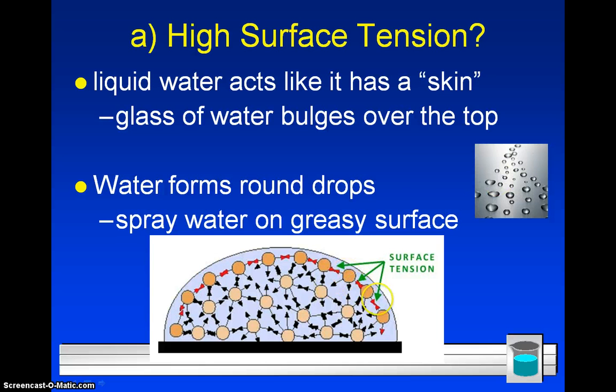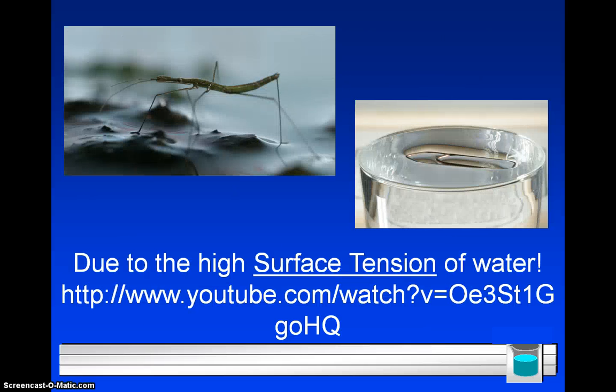The reason is that the attraction between the water molecules on the surface, because of the hydrogen bonding, creates this surface tension. It makes the water attracted to itself, so it bulges up like that because of the hydrogen bonds at the surface. And that's what surface tension is.